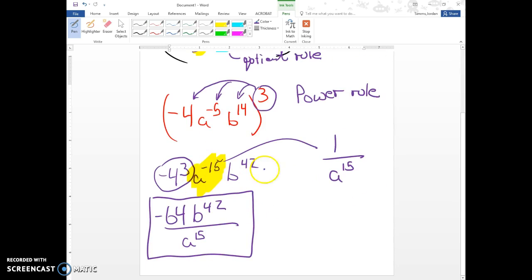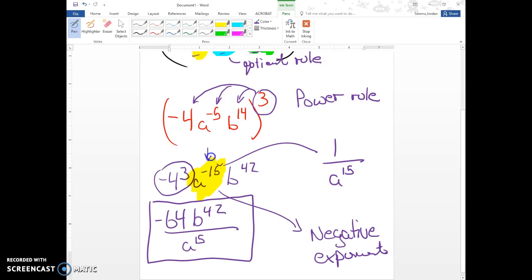And then when we're down here, we use the negative exponent rule.